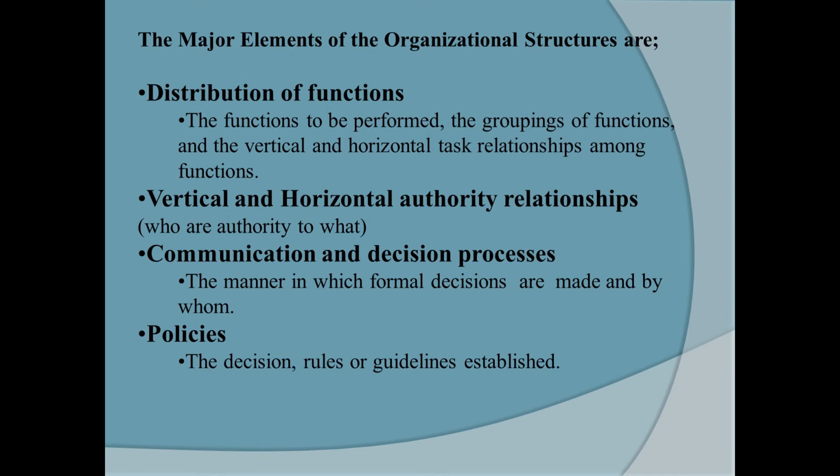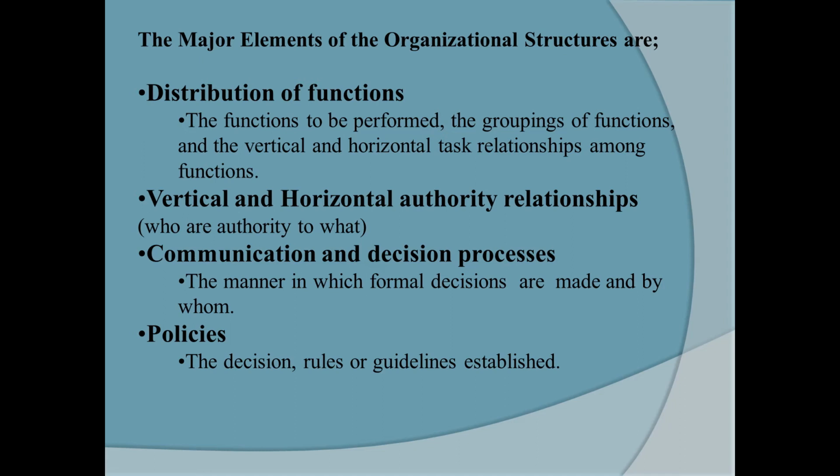So we have the major elements of the organization structure. We have the distribution of functions: the functions to be performed, the groupings of functions, and the vertical and horizontal task relationships among the functions. This will be established by your structural organizational type. So the vertical and horizontal relationships, who has authority over what?